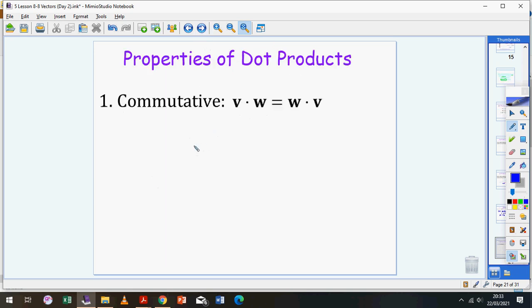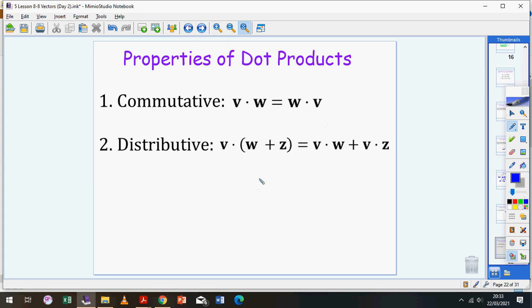Is the dot product commutative? Yes, because if I have 2 times 3, that's the same thing as 3 times 2. So the vector product is commutative. Is it distributive? Yes, and I explained this earlier. If this goes into that and goes into that, the result I get is the same as if I did the product separately and added them.